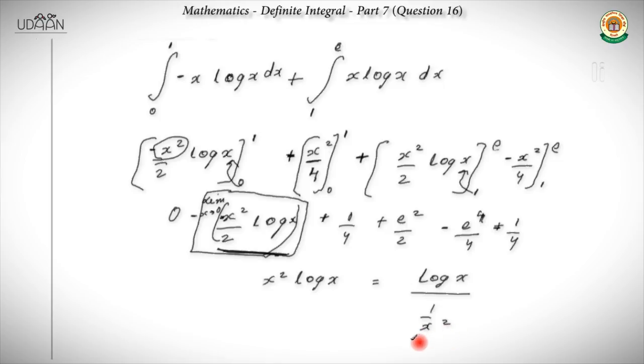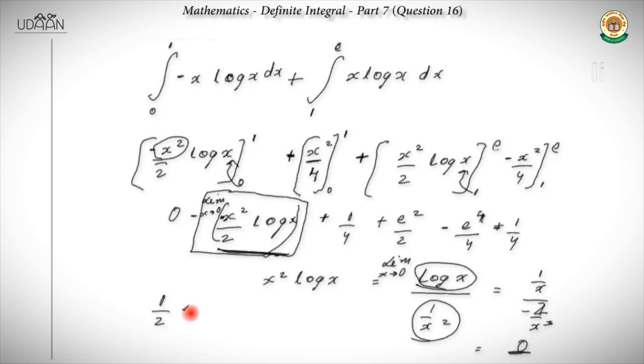Applying L'Hospital's rule, as this tends to minus infinity and the denominator tends to infinity as x tends to 0, it will turn out to be 1 by x over minus 2 by x cube, and finally it will turn out to be 0. So the answer will turn out to be 1 by 2 plus e square by 4. That's the final answer. So by this we end this question.